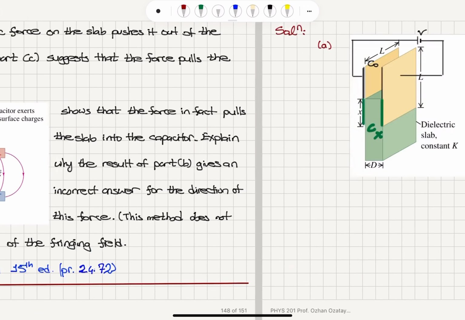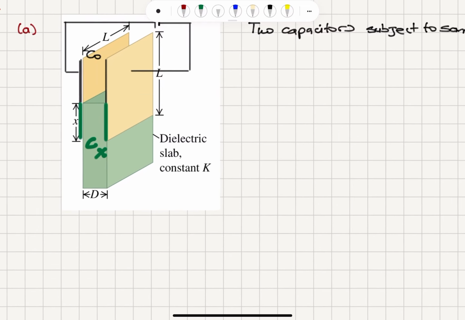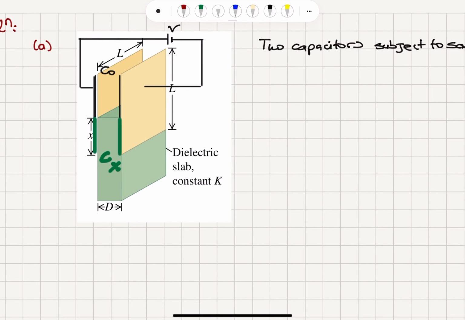Okay, so we have a capacitor, an air capacitor here, which has a distance L minus x on one side and L on the other side for its plates. And then we have this additional capacitor that is in between the same voltage terminals.